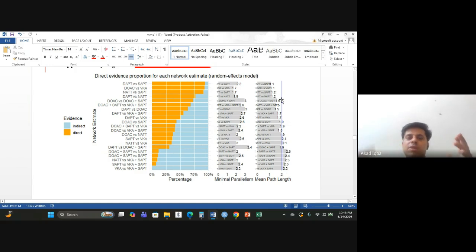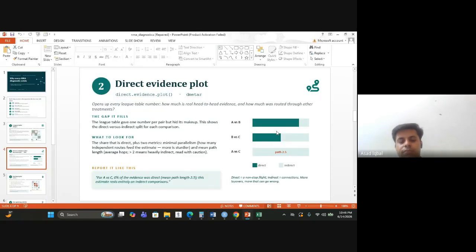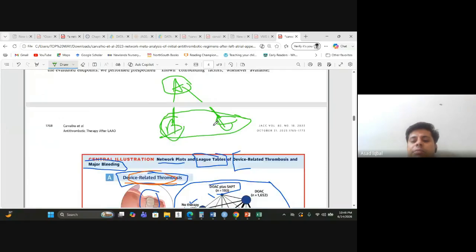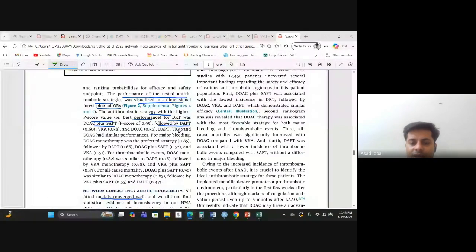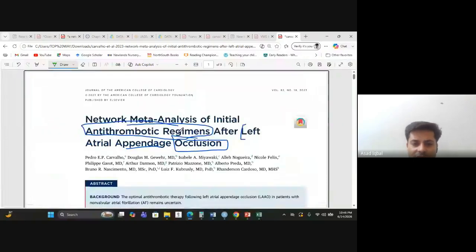Let me explain the mean path length. Let's say we are comparing two things. Let me draw a figure for you people. Where can I draw a figure?